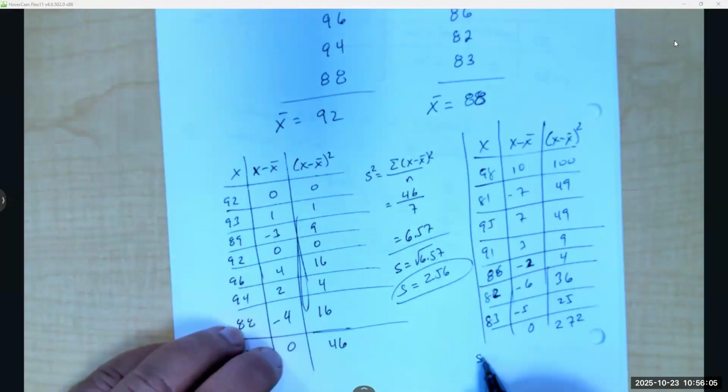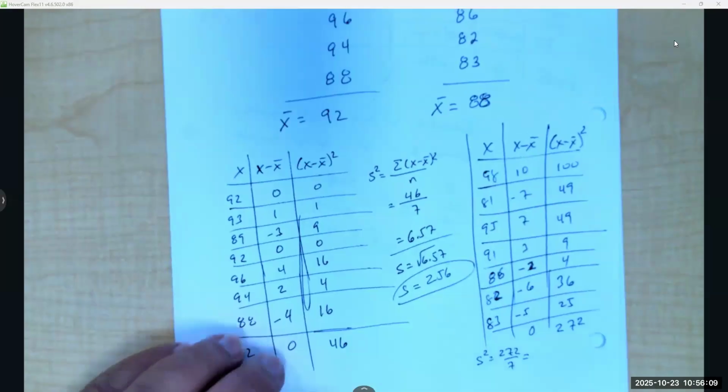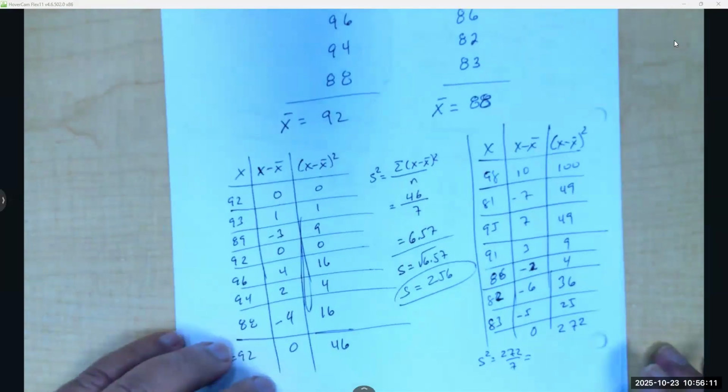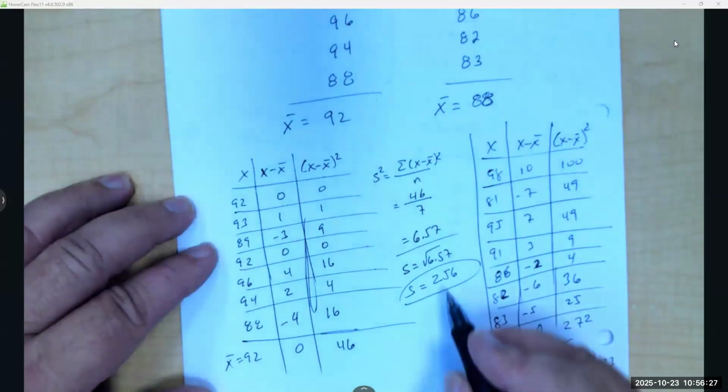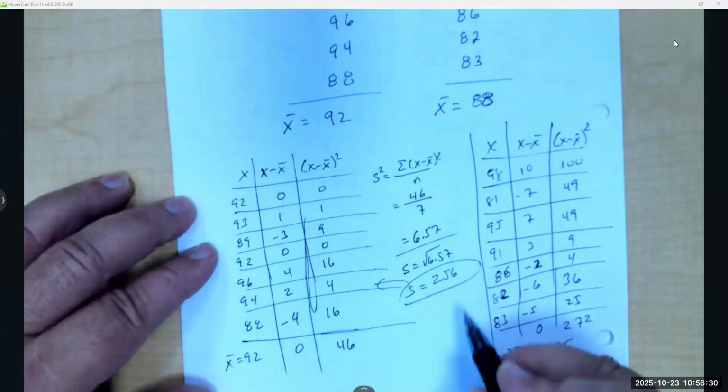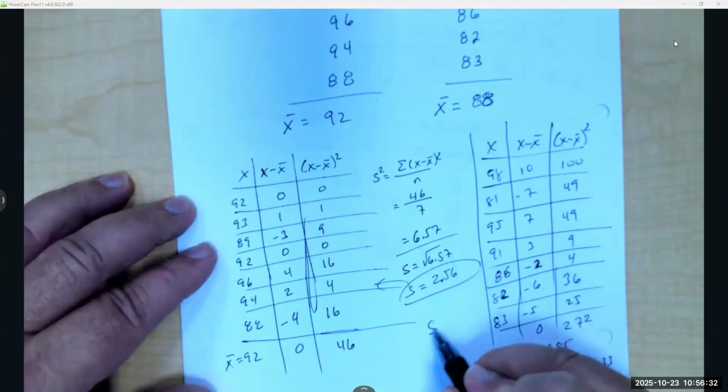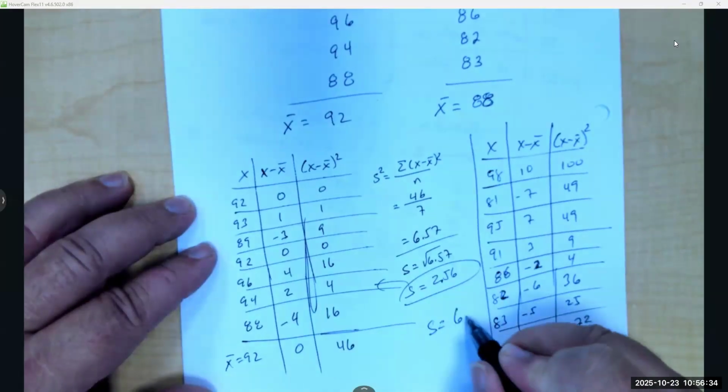So to find our variance, we take 272 divided by 7, which is 38.85, and the deviation is the square root of that, which is about 6.23. So the variance of group A is 6.57, and the deviation is 2.56.